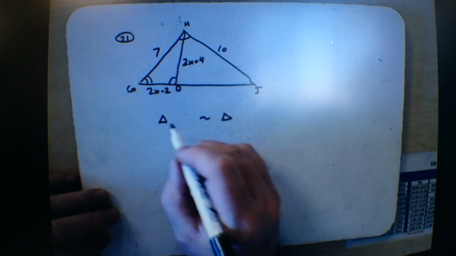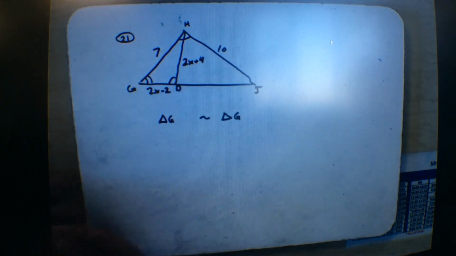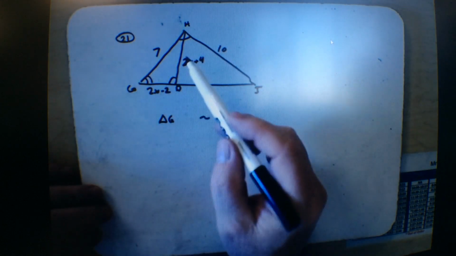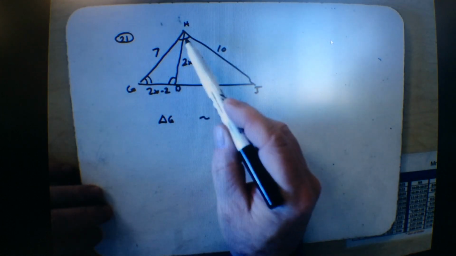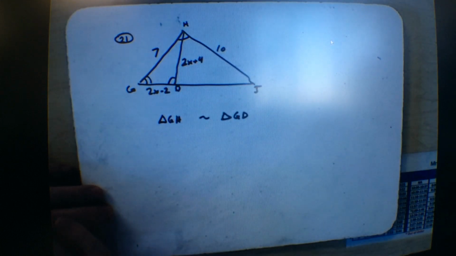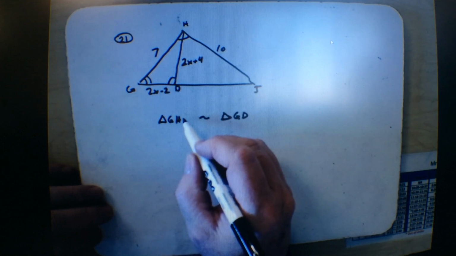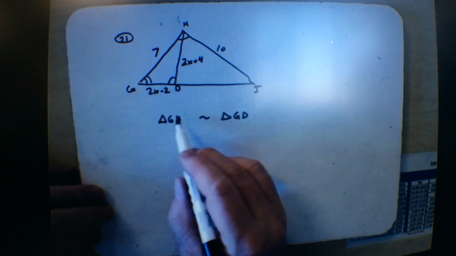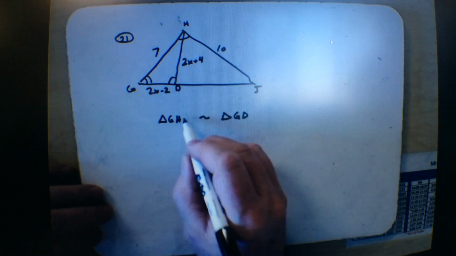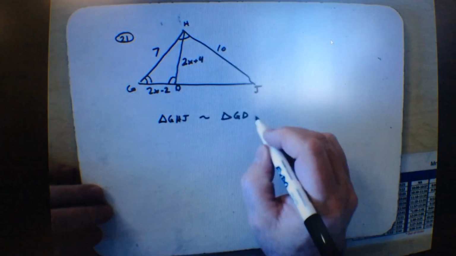G matches itself. How do I know that? It has 2 marks at G, so it matches itself. Angle H matches angle D, and then this point up here, J, matches H.